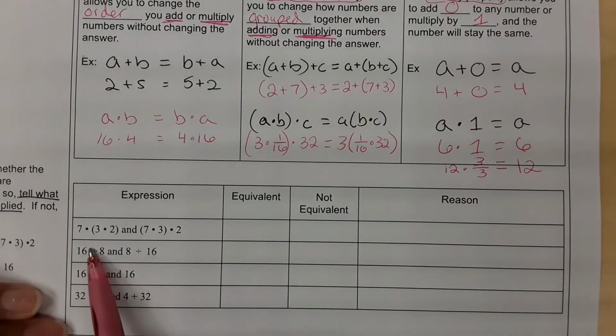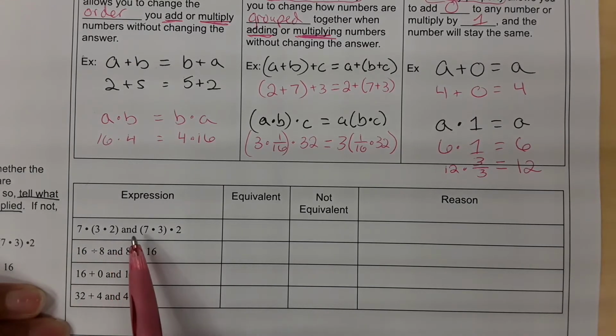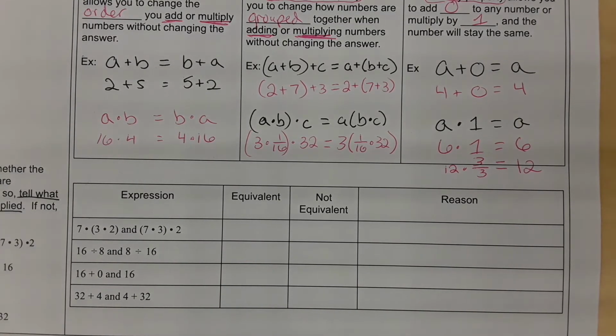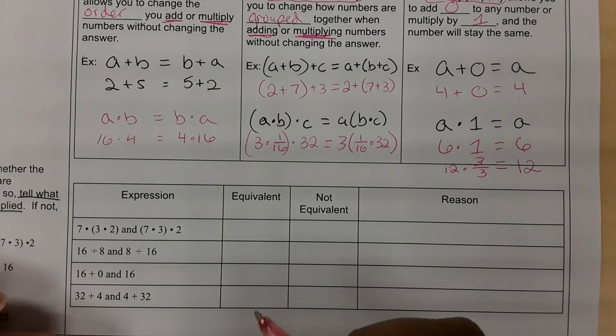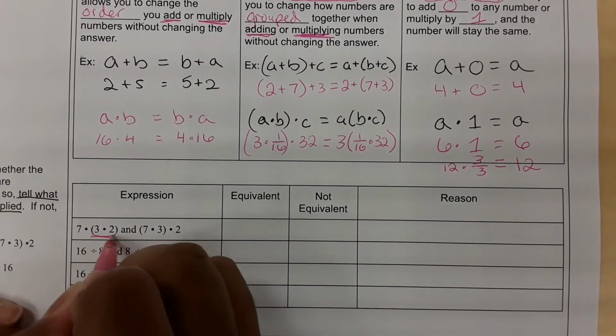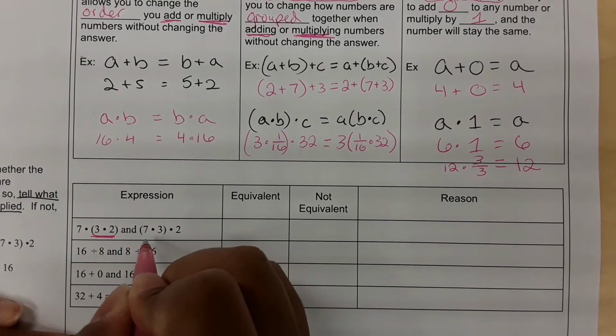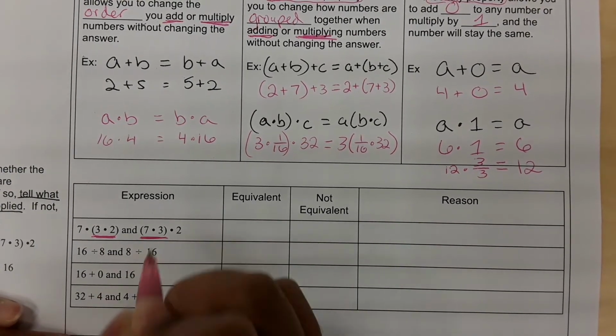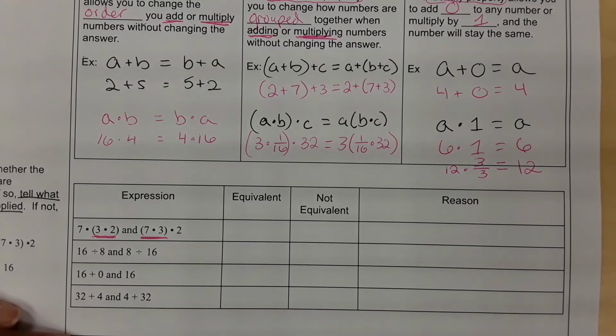All right, our first one was 7 times the quantity of 3 times 2. We're comparing that with the quantity of 7 times 3 times 2. As we see this, I didn't bring my highlighter in here. Bummer. That's okay. As we can see, 3 times 2 are grouped together, whereas 3 switched partners and became partners with 7.